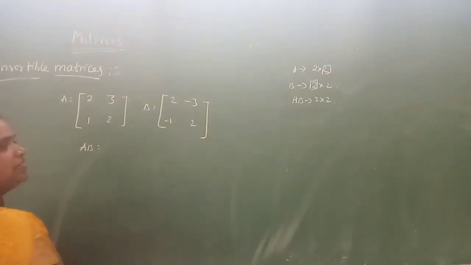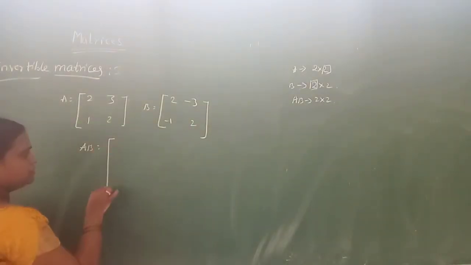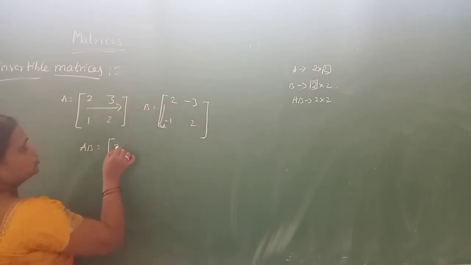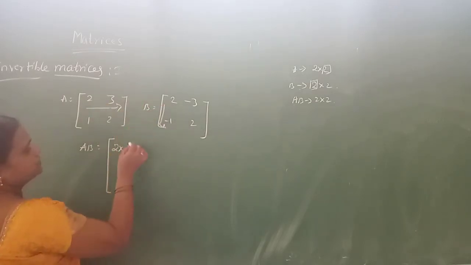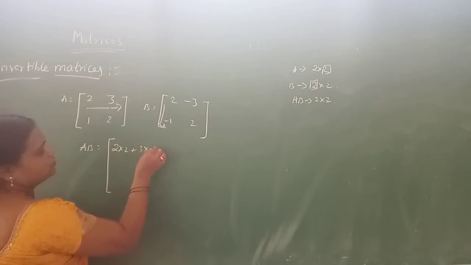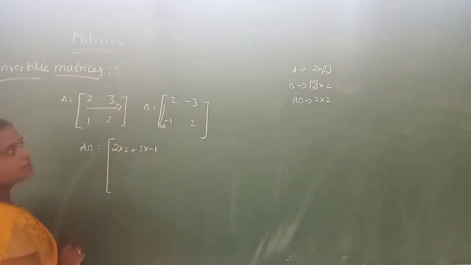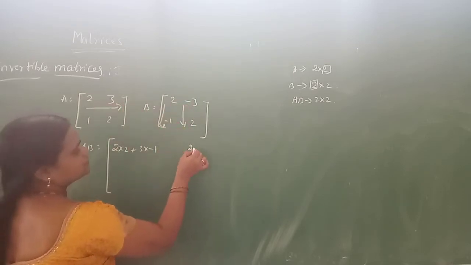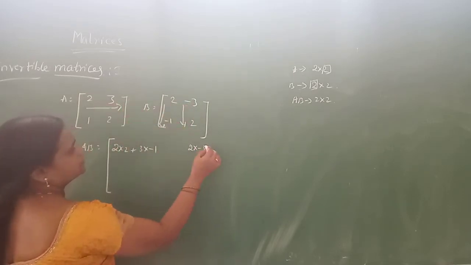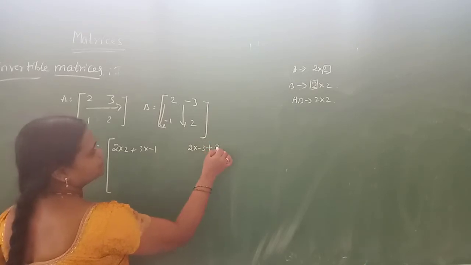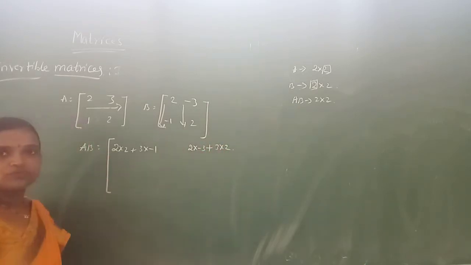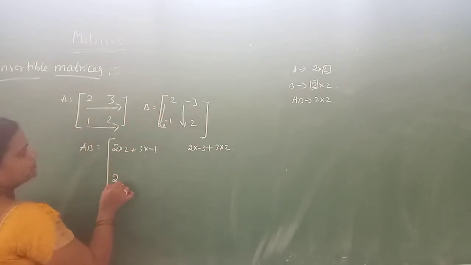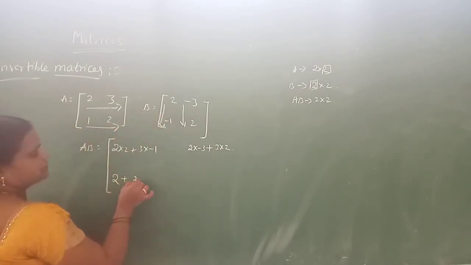Then multiply using matrix multiplication. First row with first column: 2 into 2 plus 3 into minus 1. Next, first row, second column: 2 into minus 3 plus 3 into 2. Second row, first column: 1 into 2 plus 2 into minus 1.